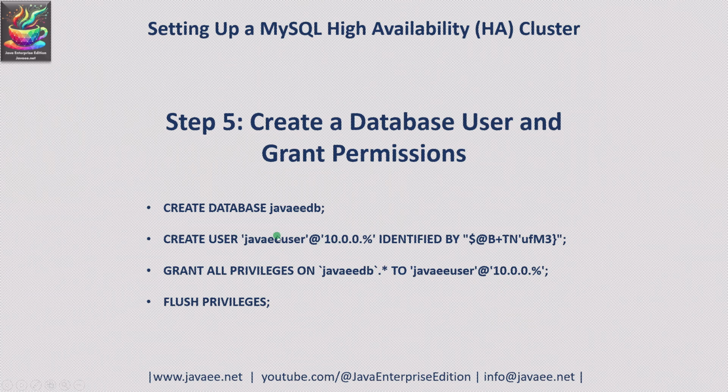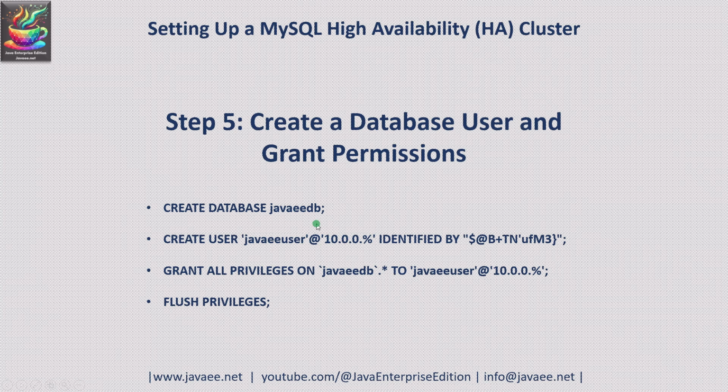If somebody tries to access the database using this username and password from the public internet, they will not be allowed to access the database, right? The reason is that I don't want anybody to access the database from the internet, but only from the internal network. That's why I am granting the user on the specific private IP address, right?